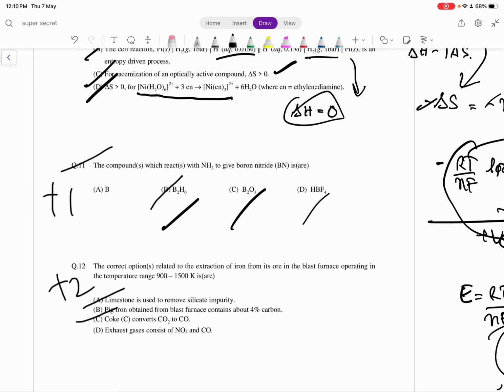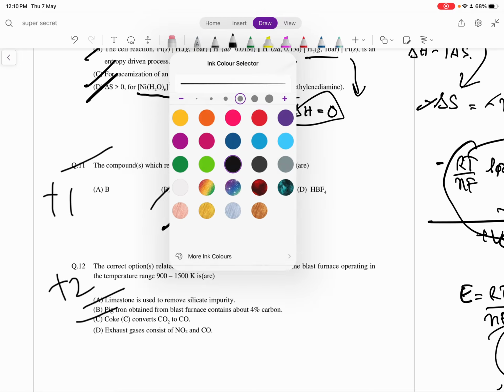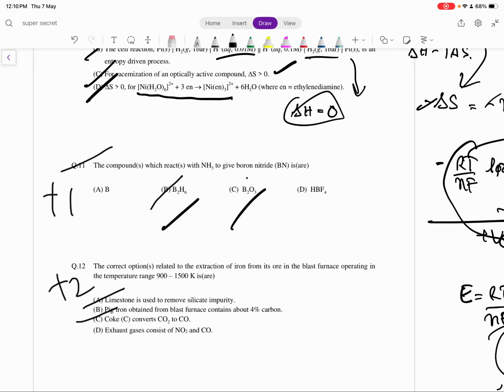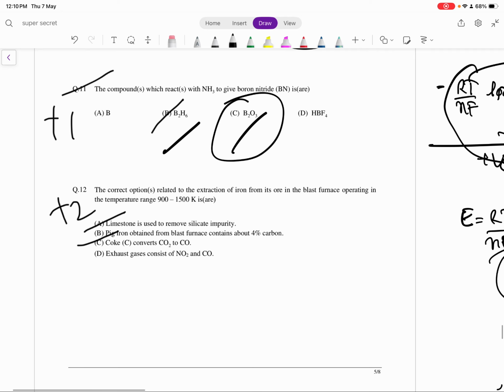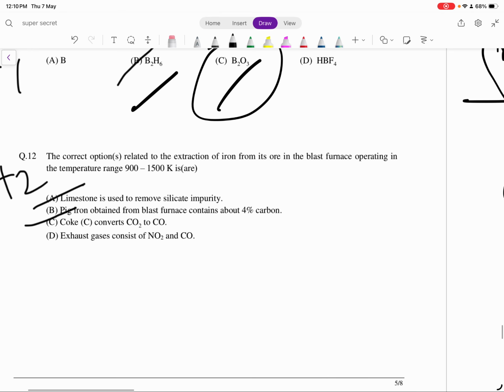I think BF3... No, I think it's just BC. 11 is BC. Yeah, it is. B2O3 is the answer. Again, I just guessed because I don't remember chemistry very well. I just know physical chemistry, which is very logic based. It's like physics again.